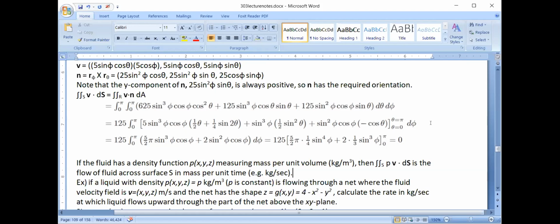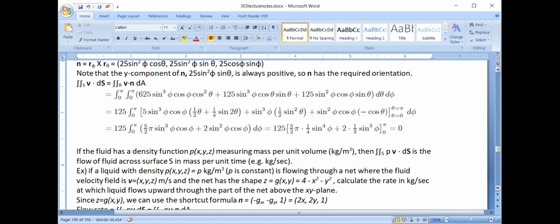So how do we do this? Let's set this up. The first thing we do is we need to parameterize the situation. But notice that our surface is described by z equals g of xy. Because z is a function of xy, we can use our shortcuts.